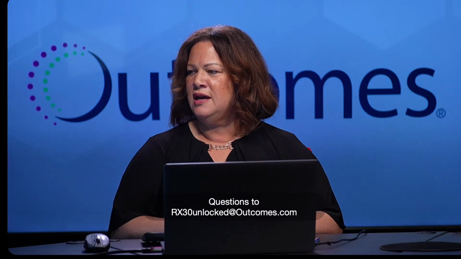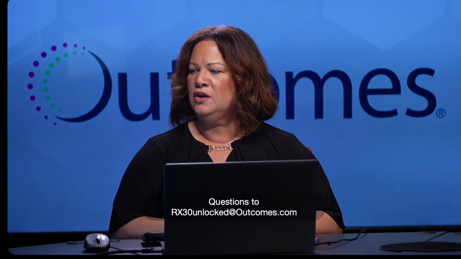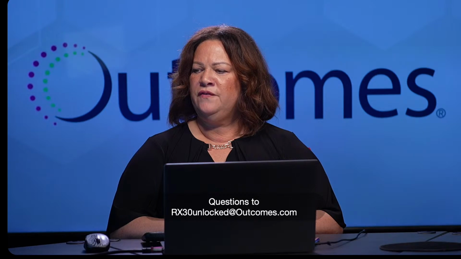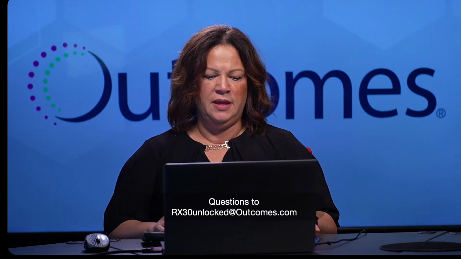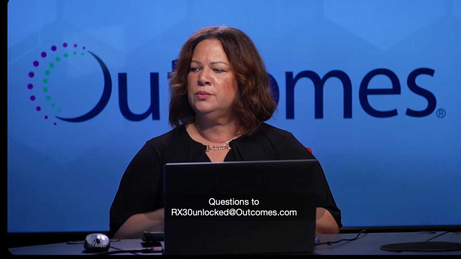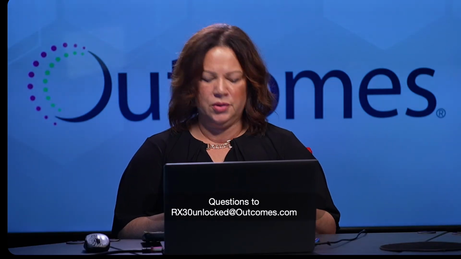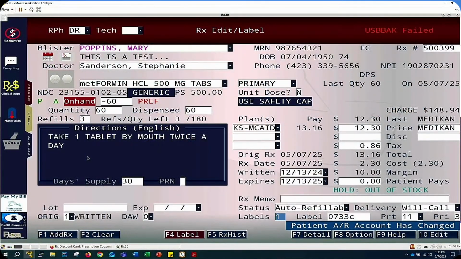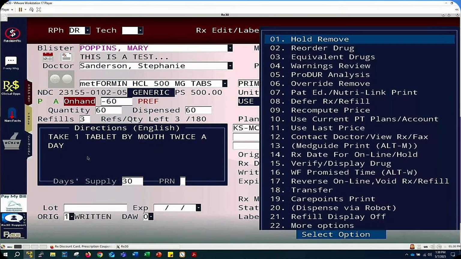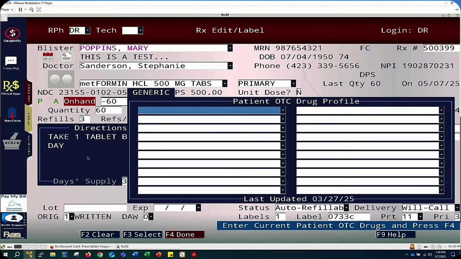Another question is coming in: is there a way to tag drugs on a patient profile that they are currently on? So if I'm understanding that question, maybe like over-the-counter medication or prescriptions that they may have purchased, like mail order or something, and yes, absolutely. So if you go into the prescription, if I go to F8, number 5, Pro-DUR analysis, it's going to come up with the patient OTC drug profile.